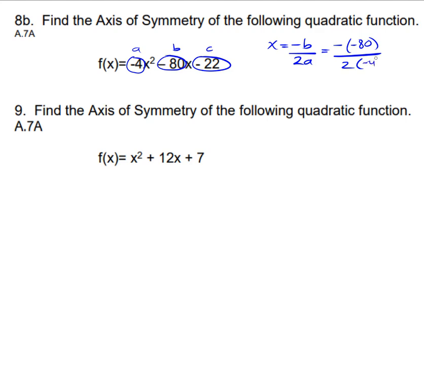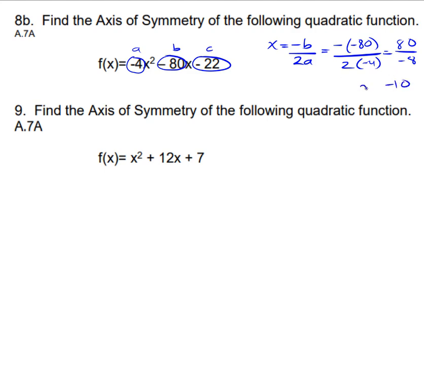Wow, there are a lot of negatives in this one. So this becomes a positive 80, and I'm just going to write 80. So I have 80 over 2 times a negative 4, which is a negative 8. So I now have 80 over negative 8, which is really just negative 10.